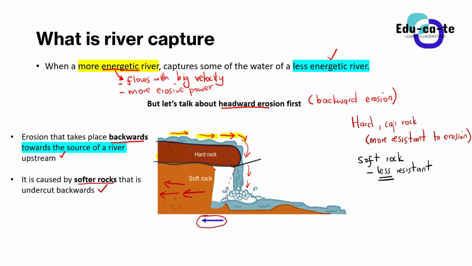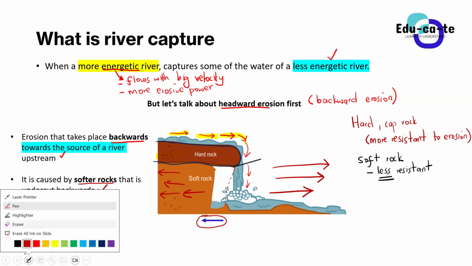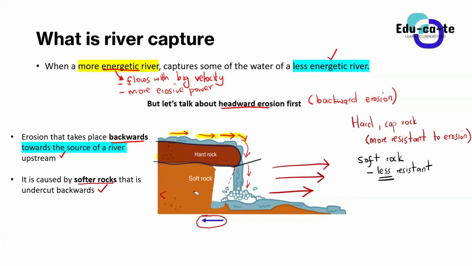And that is opposite to where the river is going, because the river, in actual fact, is going there. The river itself is going that direction. So if the river is going that direction, yet it is eroding the materials towards that other direction, that is backward. That's why we say that it is being undercut backwards.